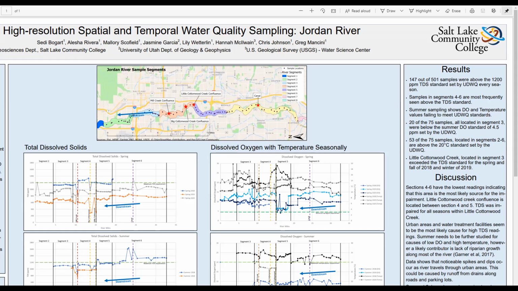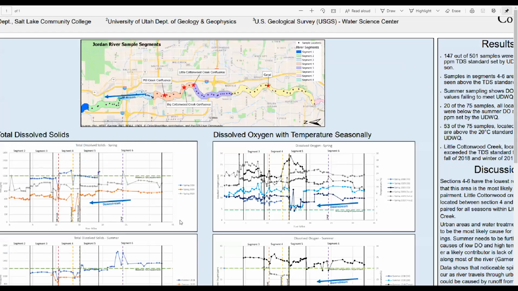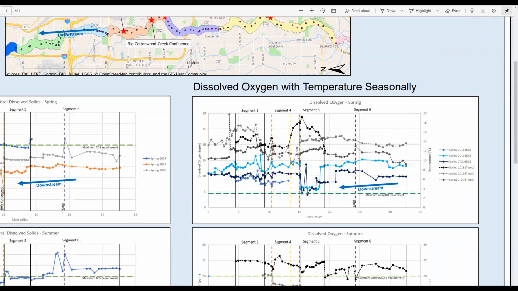Samples at 4 tributaries flowing into the Jordan River from Mill Creek, Little Cottonwood Creek, Big Cottonwood Creek, along with a canal, do show significant differences and have been seen to affect the Jordan River data. Moving on, we are going to show the graphs and discuss what is going on in each of them.